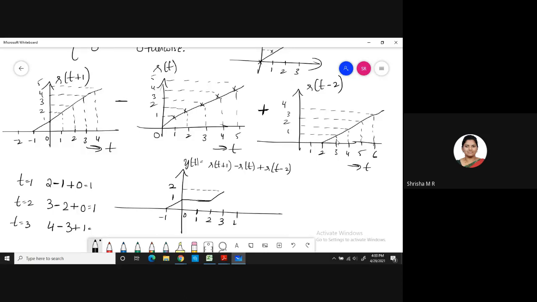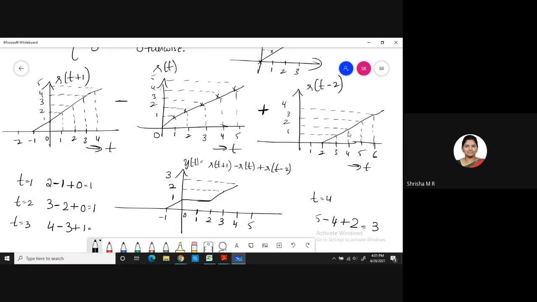Okay, we'll evaluate at 4. At t is equal to 4, the amplitude is 5, minus 4 here, plus 2 here. So what do you get? 3. At 4, it will increase by 1 and go to 3.